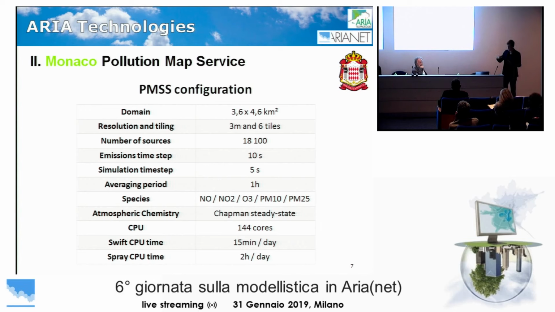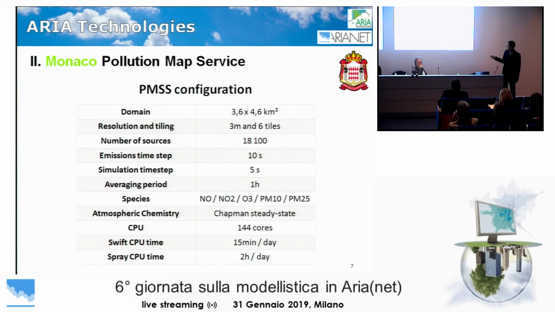We have 6 subdomains and a vast number of sources. We are using quite a coarse emission time step because we need to perform 1 year of simulation on a vast domain. So we have an emission time step of 10 seconds and a simulation time step of 5 seconds. And we provide results by hour, so it's 1 hour averaging.